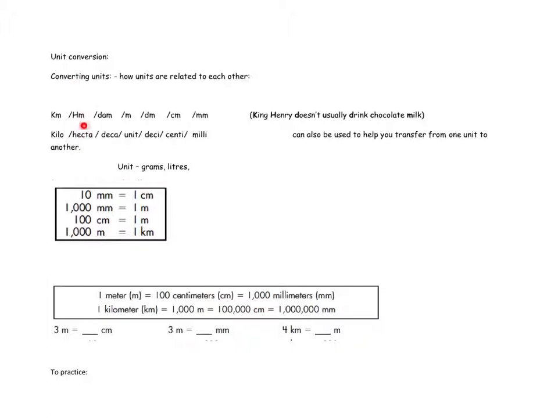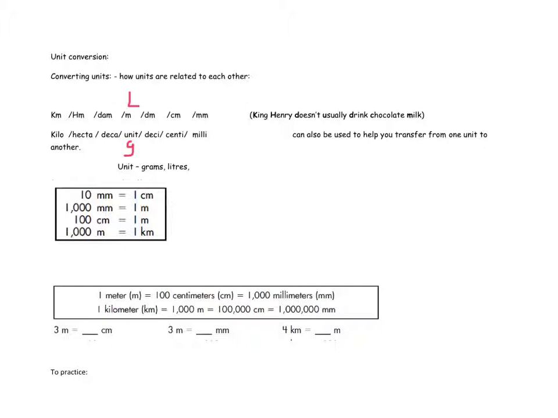Next we have hectometers, hectoliters, hectograms. Some of these we don't use very often, like hecta and deca. Next we have decameters, decaliters, decagrams. And then we have meters, which we consider our unit, because if we were changing this to grams, it would be grams here. If we were changing this to liters, it would be liters here.